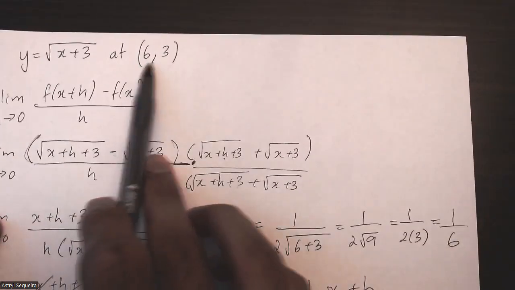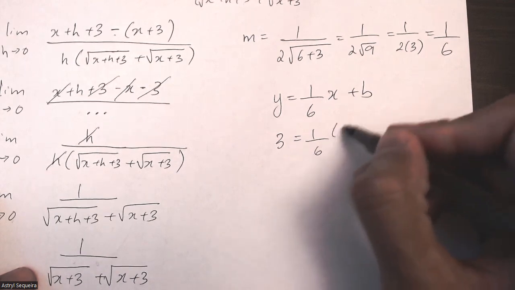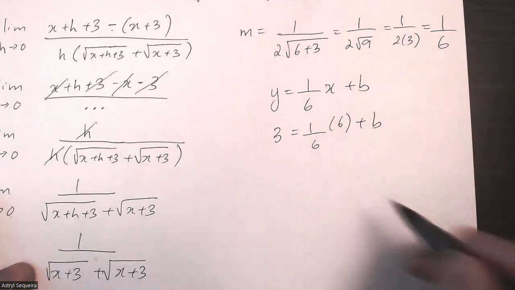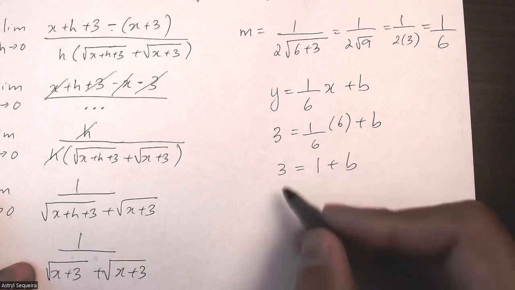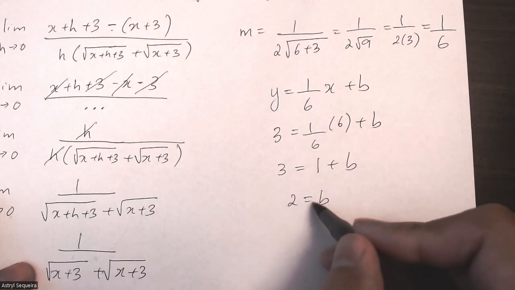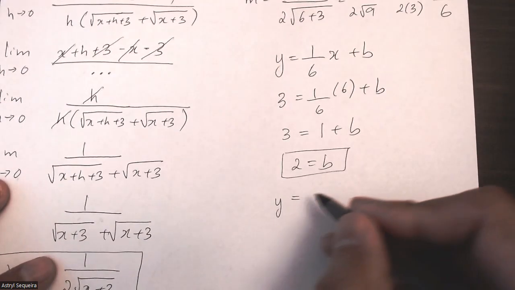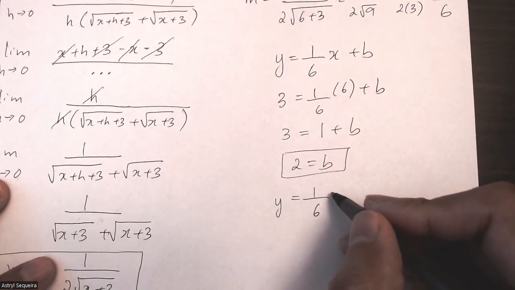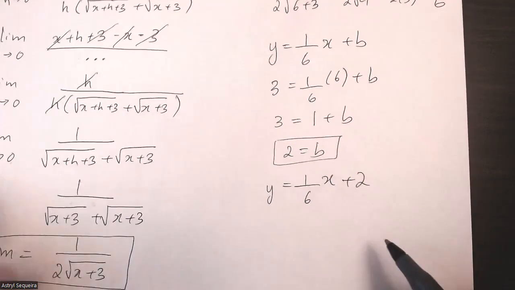I'm going to sub in my x and y value to figure out my b. So y value is 3, x value is 6. 1 over 6 times 6 is just 1. And then 3 minus 1 is just 2. So my y-intercept is just 2. My equation is y equals 1 over 6 x plus 2.